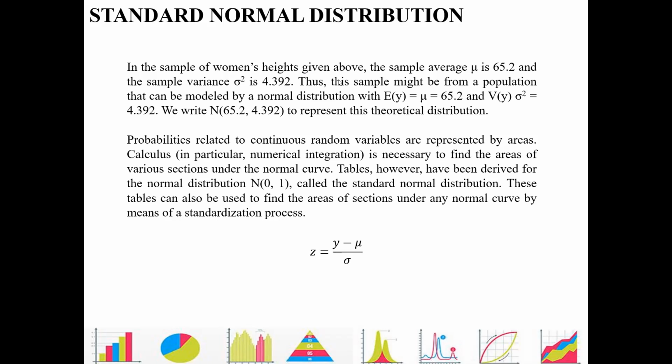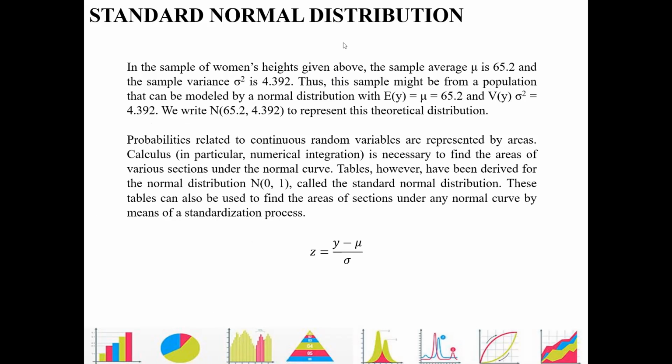Thus, the sample might be from a population that can be modeled by a normal distribution. So expected value natin is the y and the variance is 4.392. We write it as N(65.2, 4.392). That's how you will get your data.